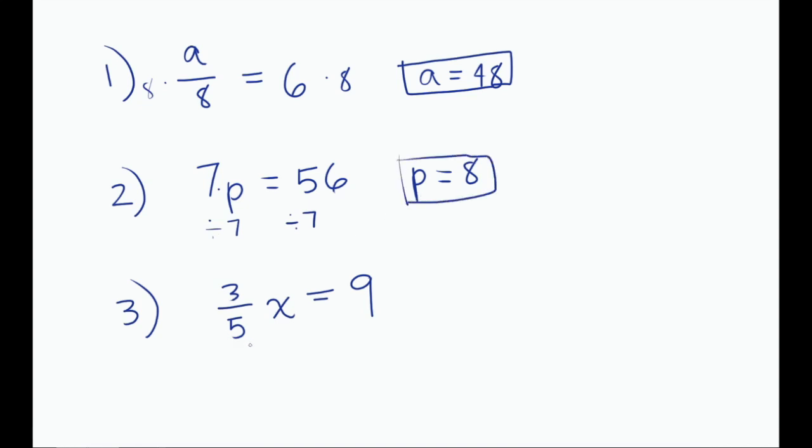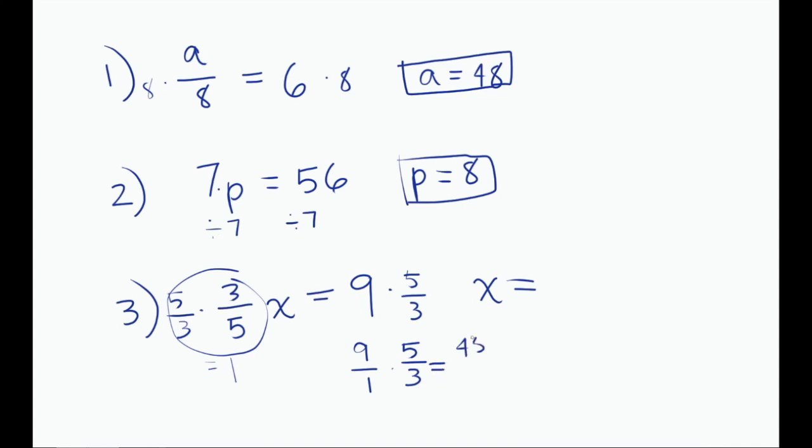And finally, down here, these are one of the ones where you can just multiply by the reciprocal. So if I multiply by 5/3, and I multiply by 5/3 over here, this portion right here will equal 1, leaving me with just x equals, and then over here I have 9, which is really like 9 over 1 times 5 over 3. 9 times 5 is 45, 1 times 3 is 3, 45 divided by 3 is 15.